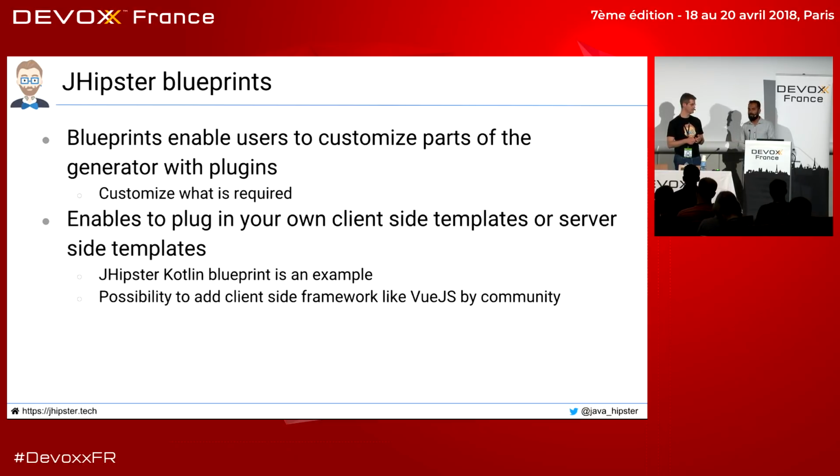But the same methodology can be applied to change any of the client-side technology you want, say Vue.js or even Kotlin on the client side, or Polymer or whatever you want. Same goes for the backend. This is something that we are trying to perfect and polish as much as possible to help people who want to extend JHipster, because we keep getting feature requests for this and that, but as a team we can't maintain everything.